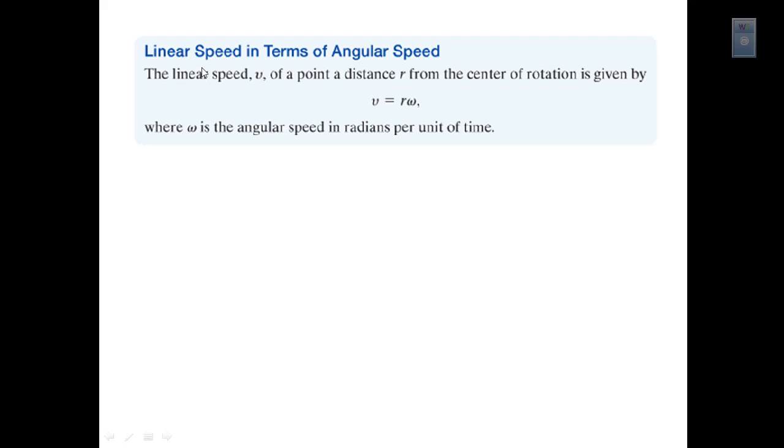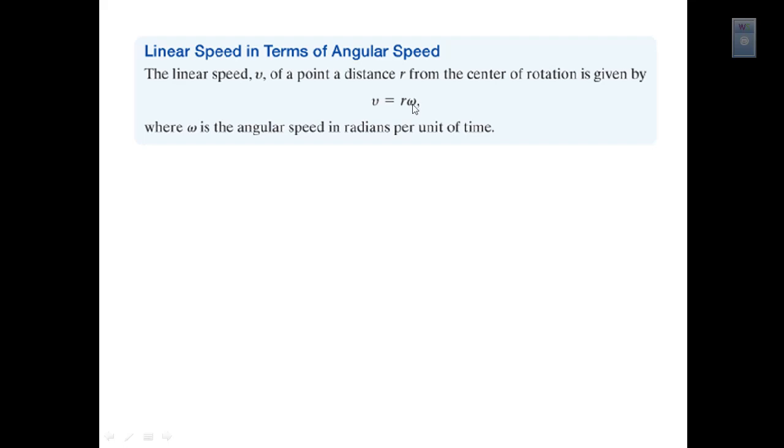Now, the linear speed in terms of angular speed. When we talk about radians, we're talking about an arc that is the same length as the radius. So here with this omega, we're actually talking about the number of radii we have per unit of time.